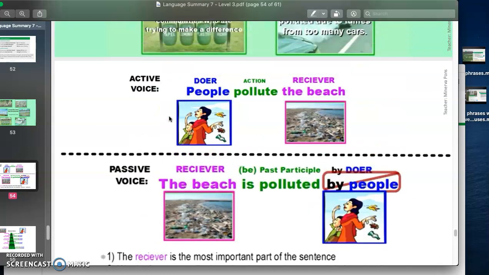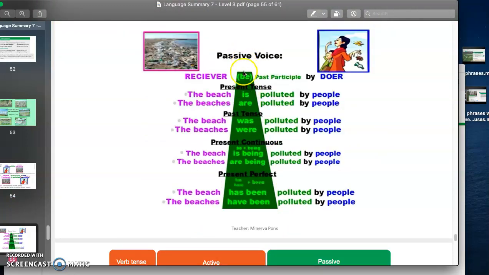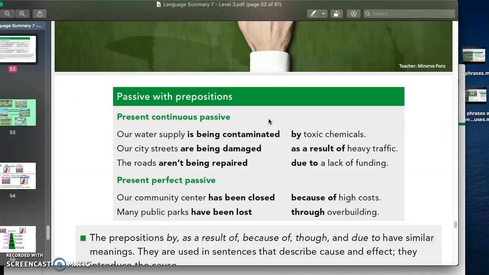So people pollute the beach, and that is the active voice, and the passive voice is the beach is polluted by people. So we can use the passive voice in many tenses. We can use it in the present tense, in the past tense, with present continuous and with present perfect. In here we are seeing present continuous and present perfect.